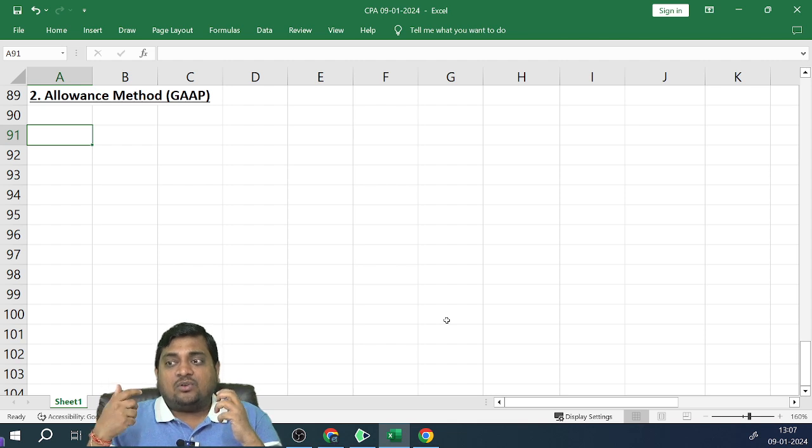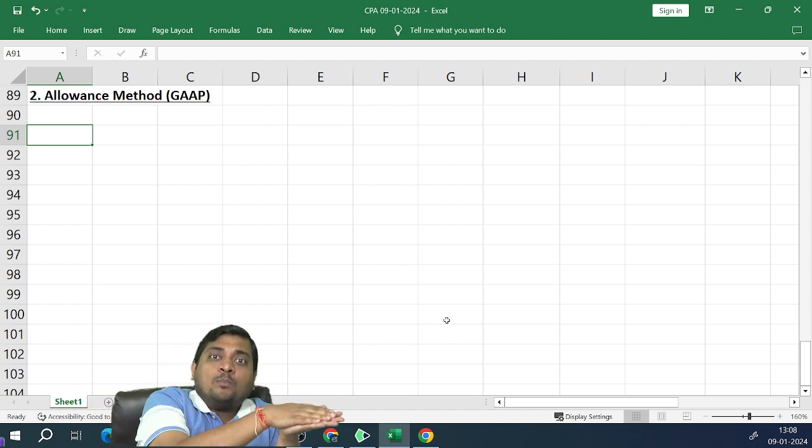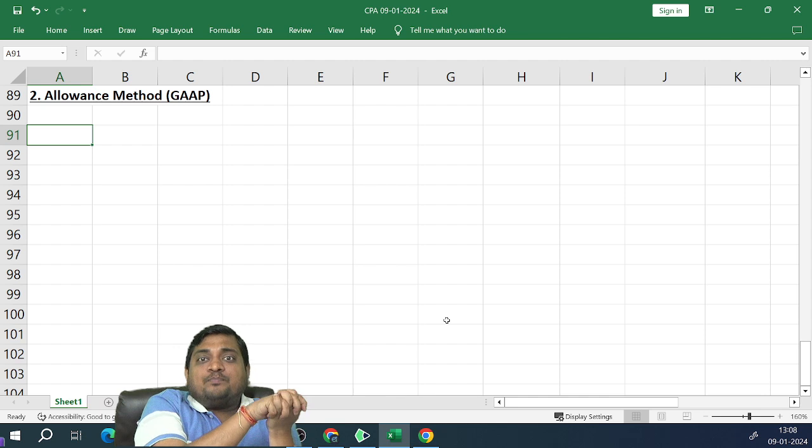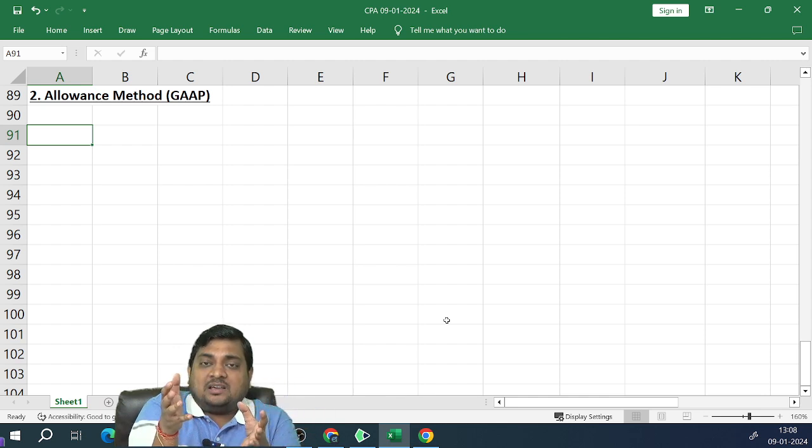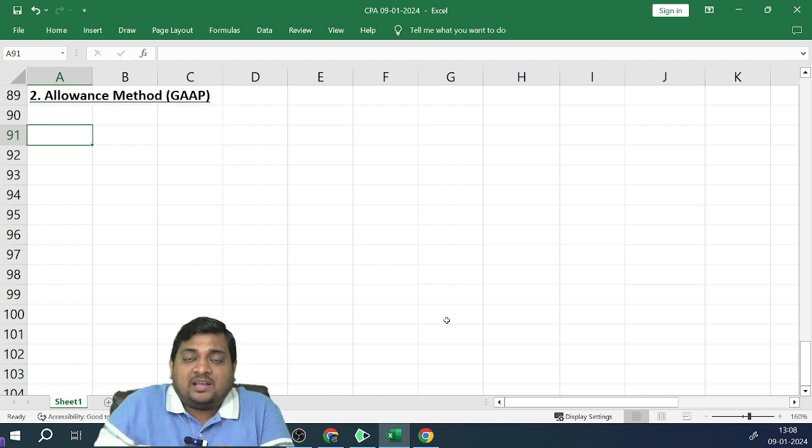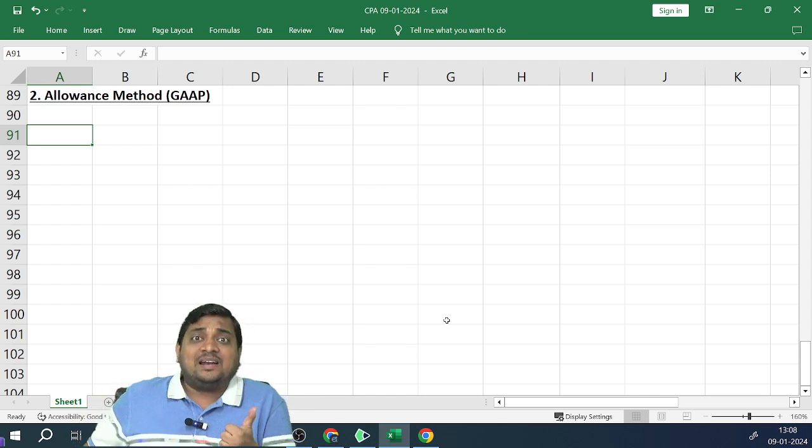If it is doubtful for 1 year, or 2 years, or 3 years, accordingly you need to calculate the provision for uncollectible loans and advances, right? So there are prescribed norms given by RBI and the Banking Regulation Act, and accordingly you are estimating the amount of uncollectible debts.